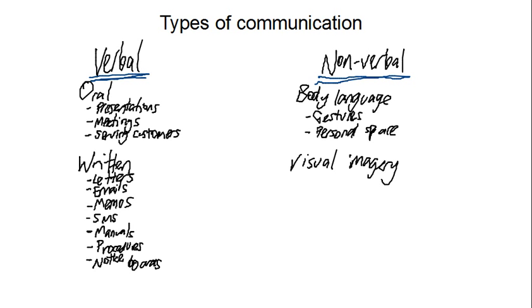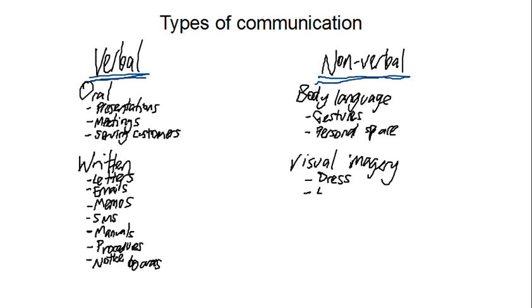Under visual imagery, this is pictures of things, or basically anything that doesn't include written communication or body language. So that includes the dress that you have, so the difference between wearing a suit or a skirt, wearing board shorts. What does that say about a person? What does it mean?